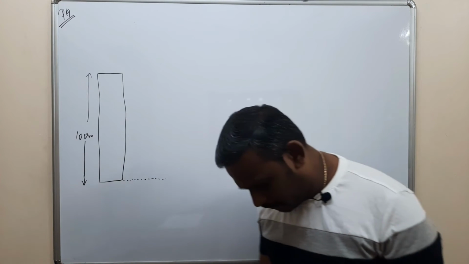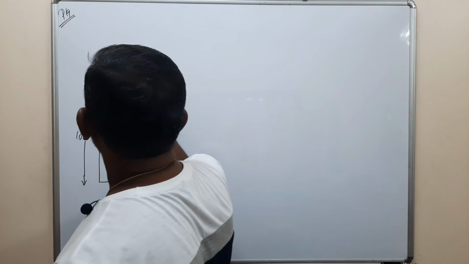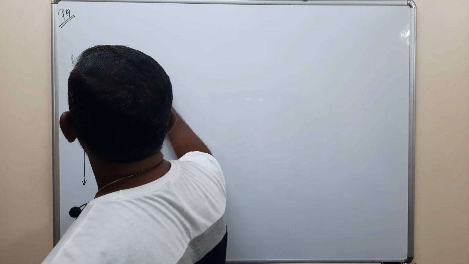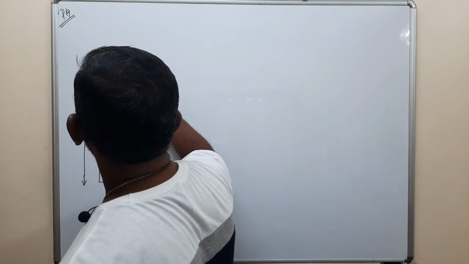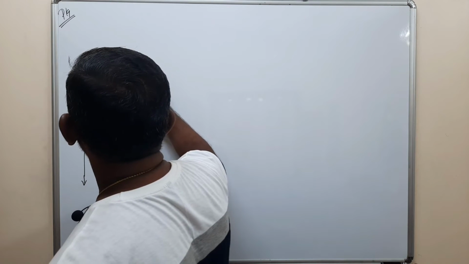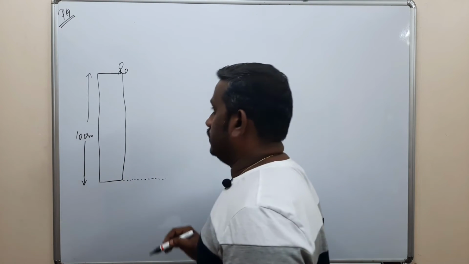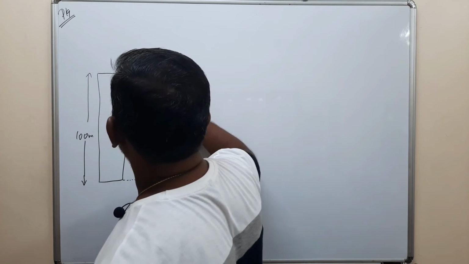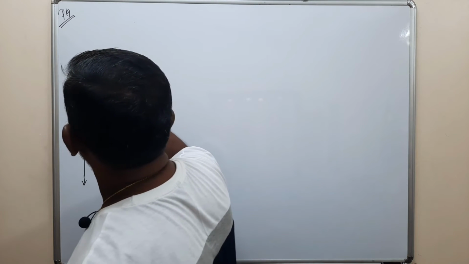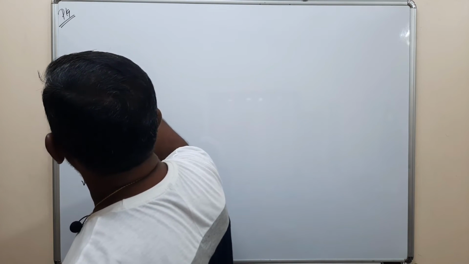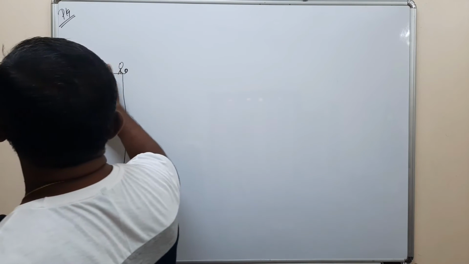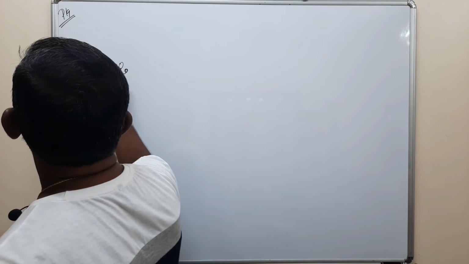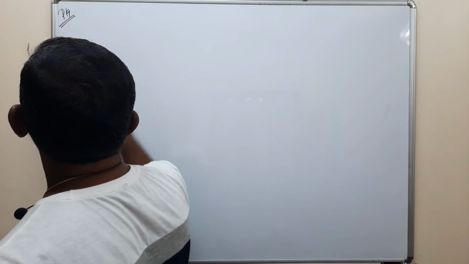A boy is standing on the top of the tower. He projected a ball vertically upwards with a velocity u is equal to 20 meter per second.